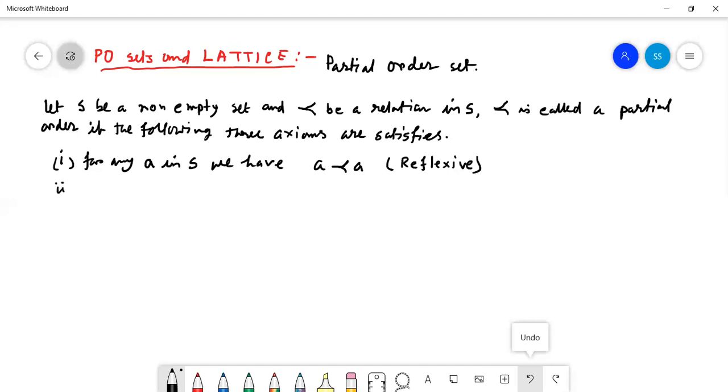Number two: if A related to B and B related to A, then A equal to B. That is, this is anti-symmetric.